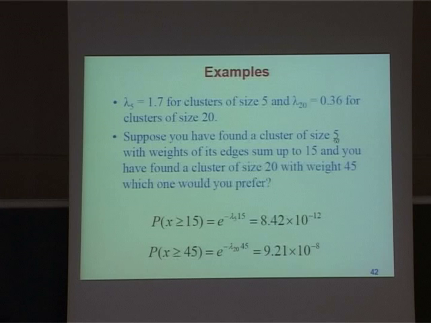A cluster of size 5 with 15 edges. Actually, we cannot have 15 undirected edges, but let's assume these edges have certain weights. Or you find a cluster of size 20 nodes with 45 edges. Which one is better?